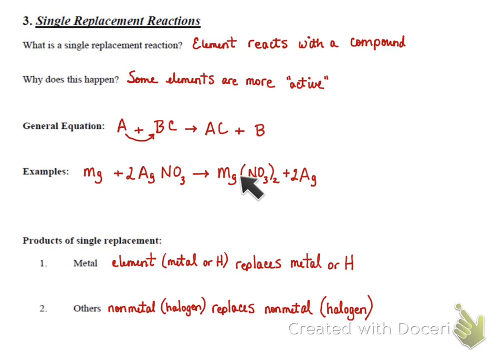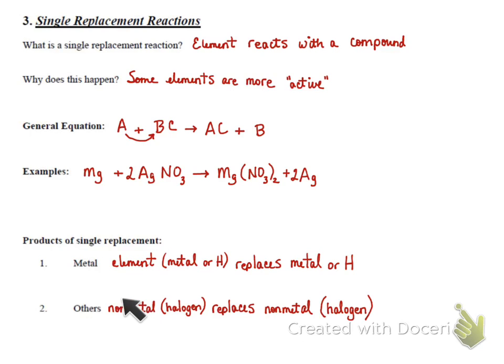Don't try to balance by making your formulas match because they don't always match. And now silver is all by itself. Then we go back and add the coefficients, add the 2 here, add the 2 on silver to make the reaction balance after we're done with the formulas.